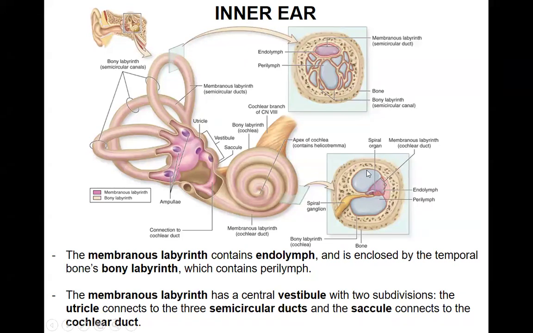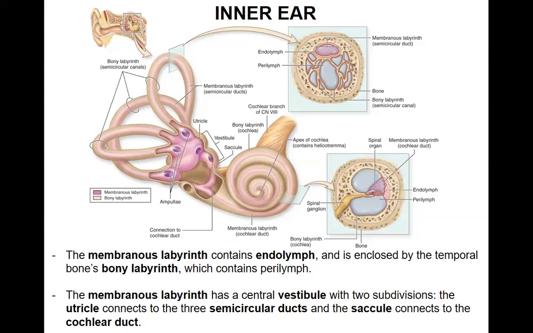In the cochlea, the stairway actually contains two channels bounded by bone that contain perilymph. But in between them, there is another one bounded by soft tissue, and that is the membranous labyrinth.